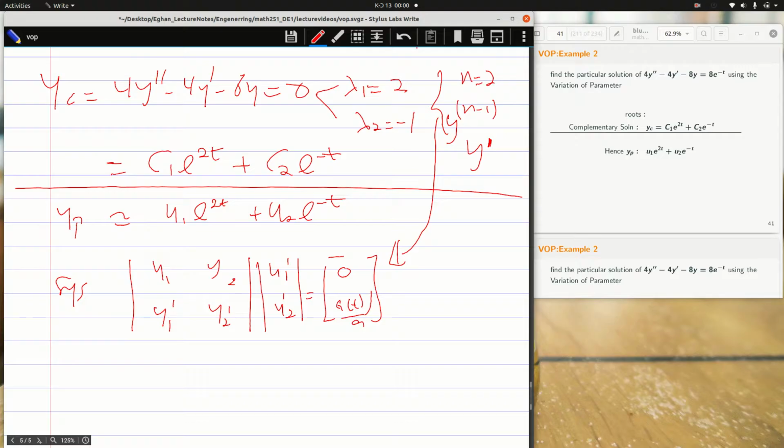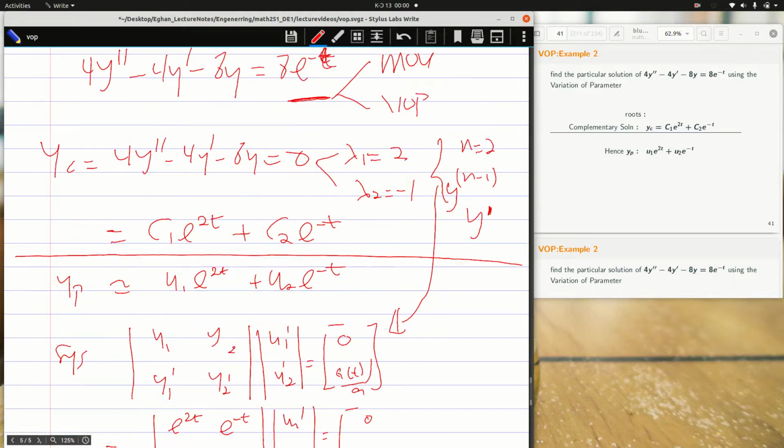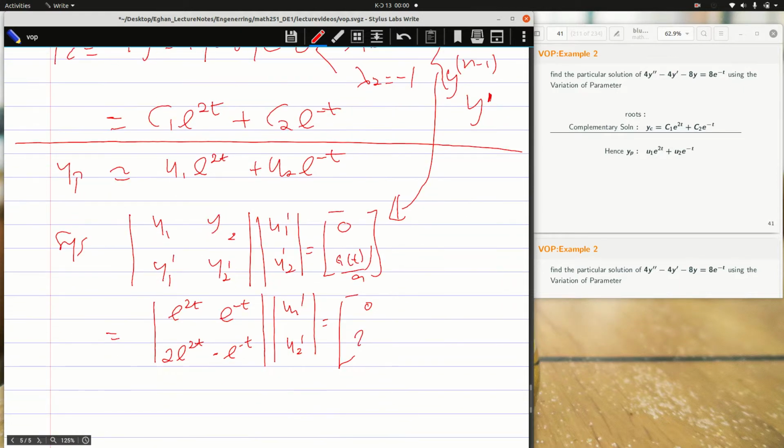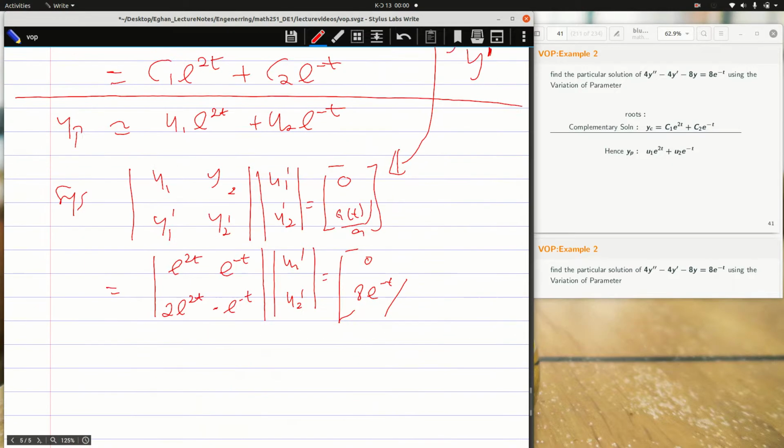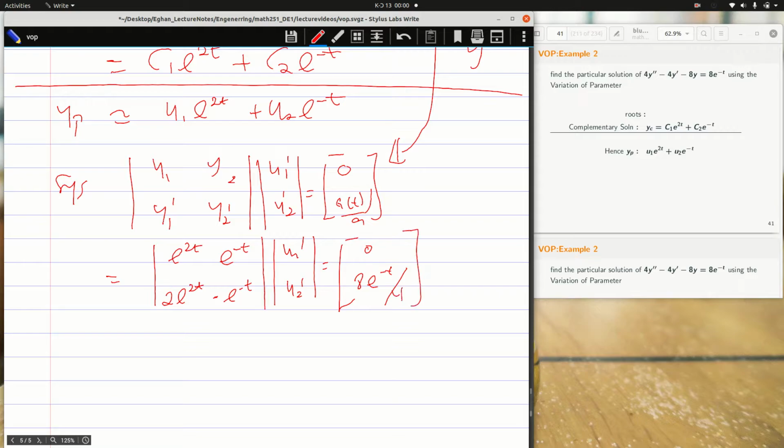So it means I have y1 is e to the t, y2 is e to the negative t. Now the first derivatives, the first one is 0. My gt here is 8 e to the negative t over a. With this question, my a is equal to 4. Don't forget over the a here, a is equal to 4, so I have to bring it. It's not just the gt, it is over a.